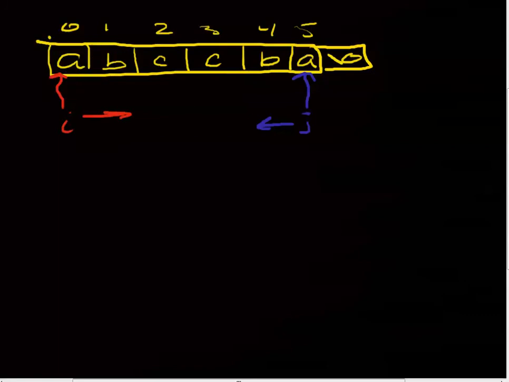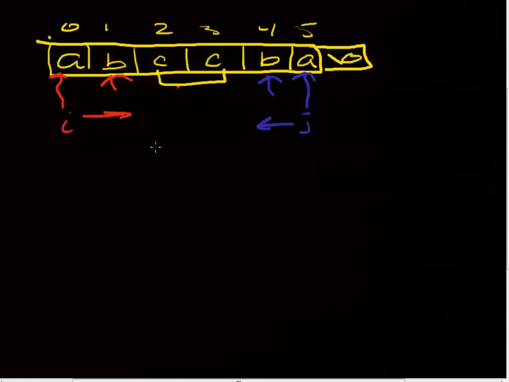Right? So A is equal to A. Good. Then I look at the next pair. I will go forward, J will go backwards, and I compare these two with each other. And I'm going to keep doing that. I'm going to stop switching colors here. I'm going to just draw in yellow.